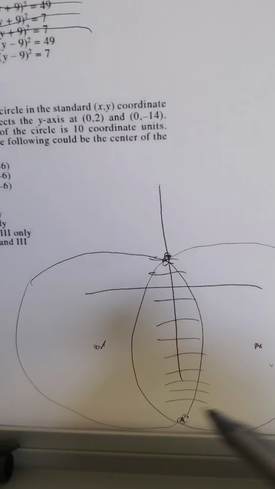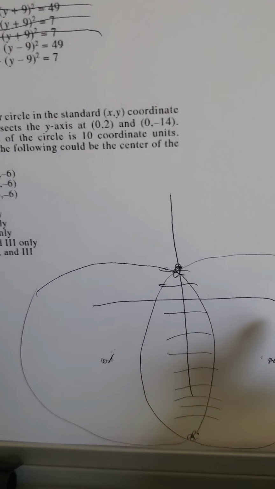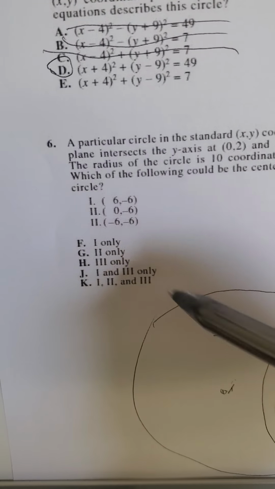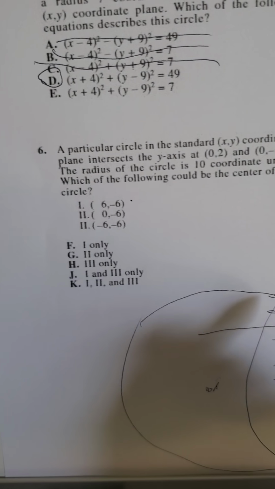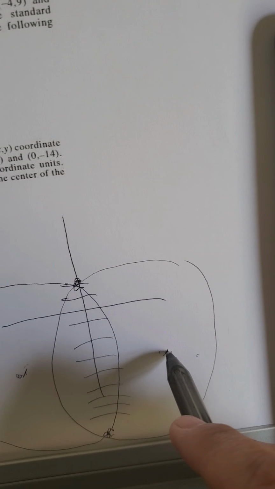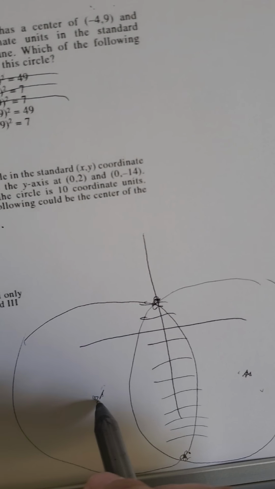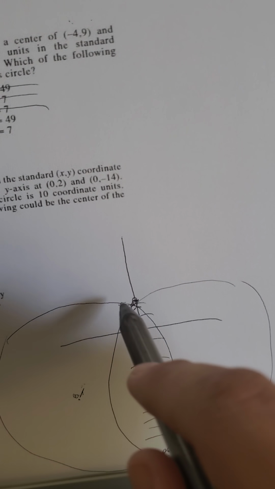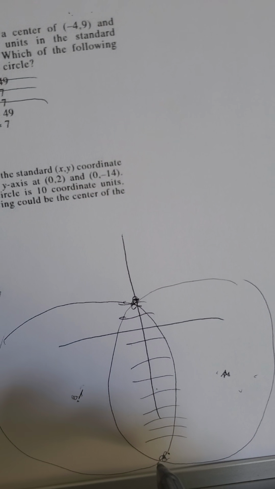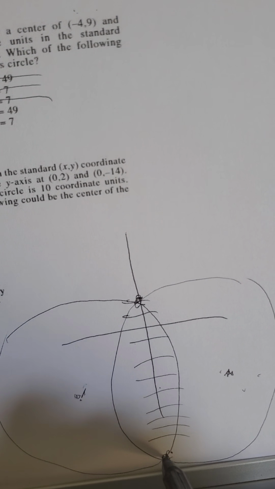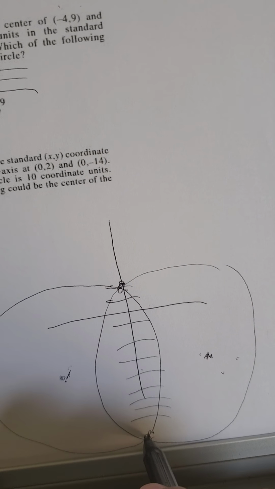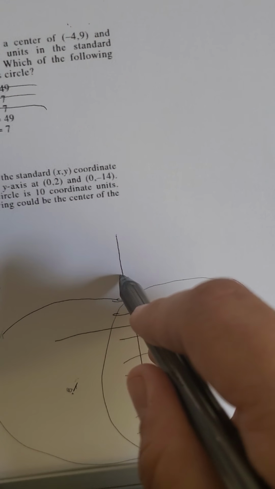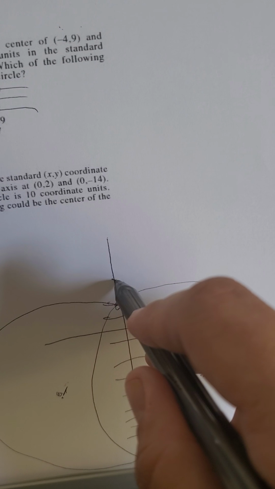So if I'm thinking about that, so now I know my center has to be left or right of my y-axis. So the only ones that are left and right of it are 6, -6, which would be here, or -6, -6, which would be here. If my center was here, then it wouldn't hit at 2 and -14, because at 0 and -6, if my radius was 10, it would hit at 4, right?